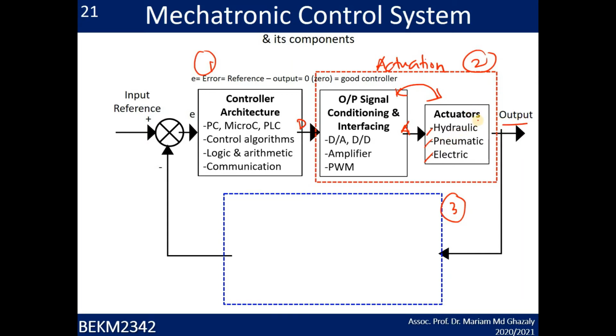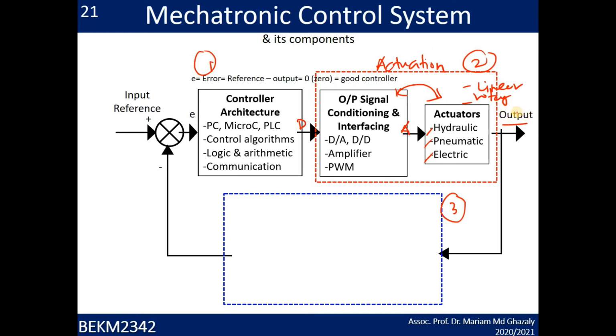After that, this signal in analog gives an output, depending on what type of actuator you are using. It can be a linear actuator or a rotary actuator. For example, in terms of motion, linear motion or linear displacement, or rotary displacement.